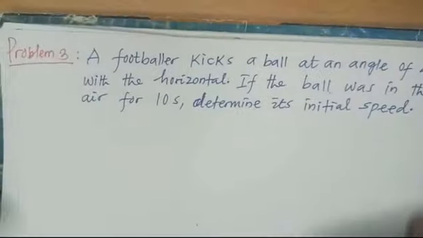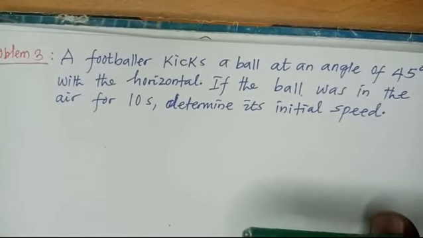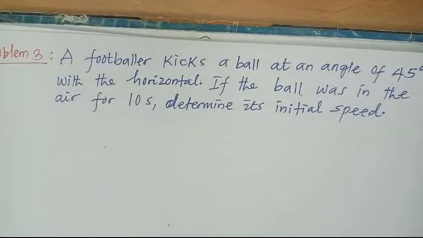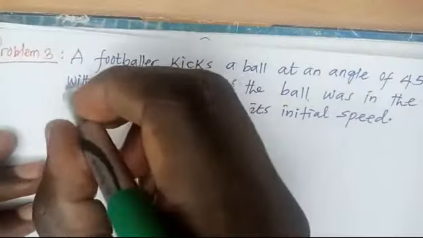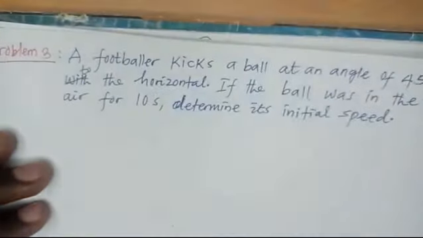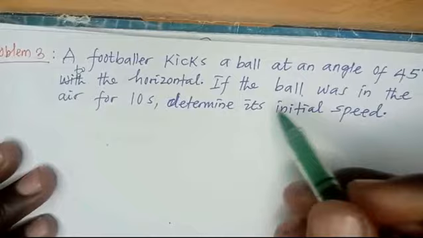Problem 3 says a footballer kicks a ball at an angle of 45 degrees to the horizontal. If the ball was in the air for 10 seconds, determine its initial velocity.